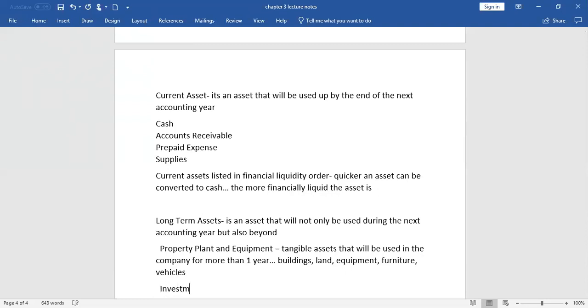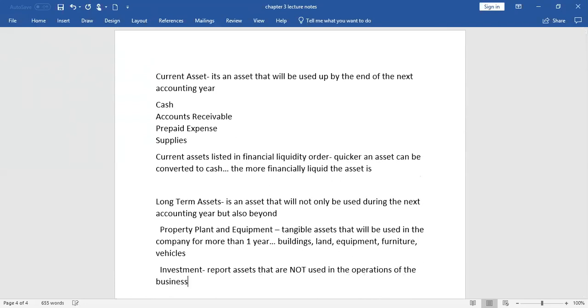The first one is called the investment category. And this is where we report assets that are not used in the operations of the business. So we own this asset, but we don't use it to produce income. It's not something we're physically using.